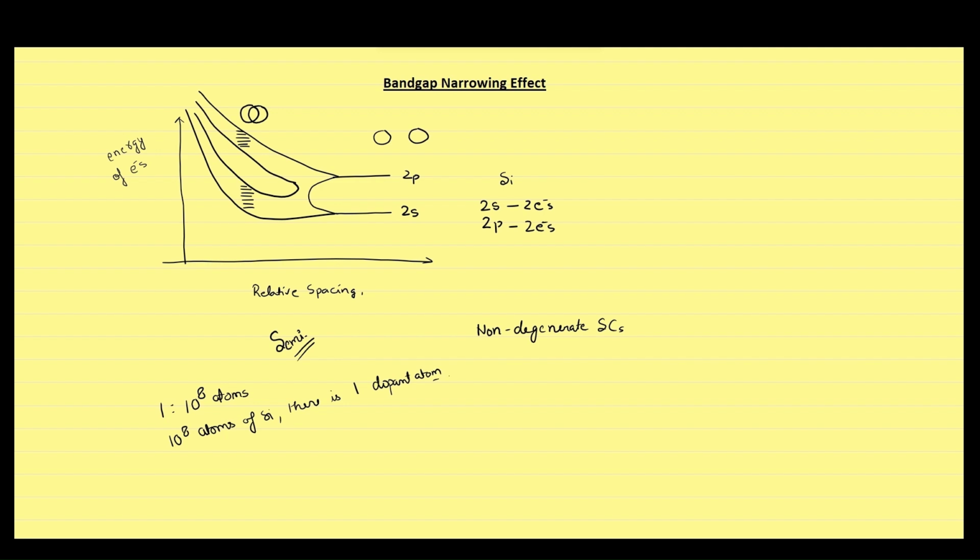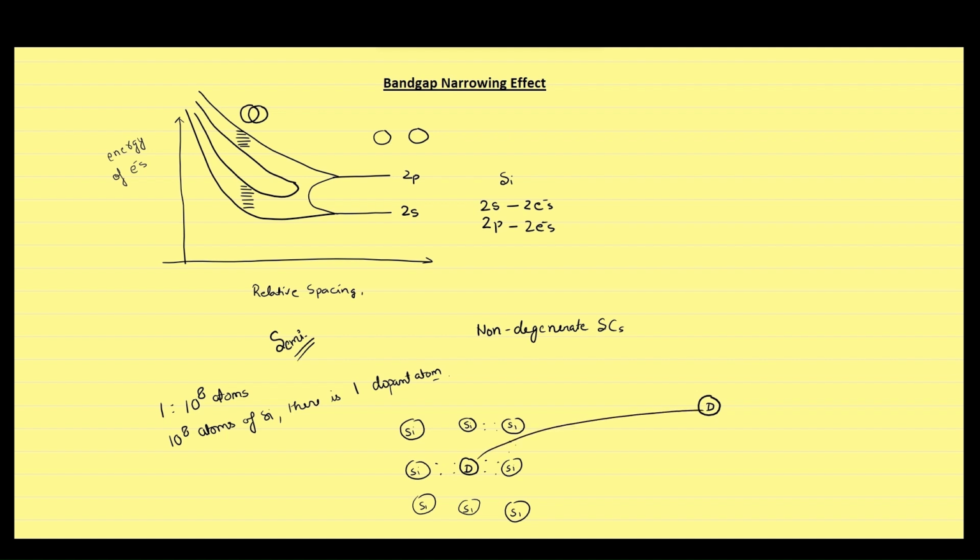If you want to understand through a diagram, assume that in the middle we have a dopant atom and around it we have silicon, and these dots represent electrons. The other dopant may be located quite far away, so far that it does not interact with the first.